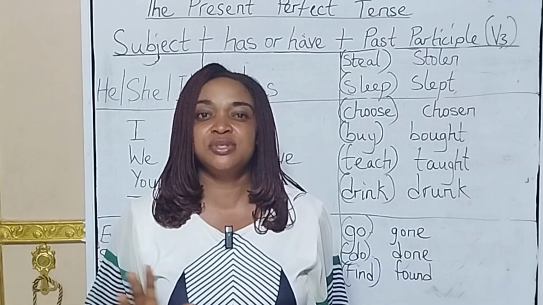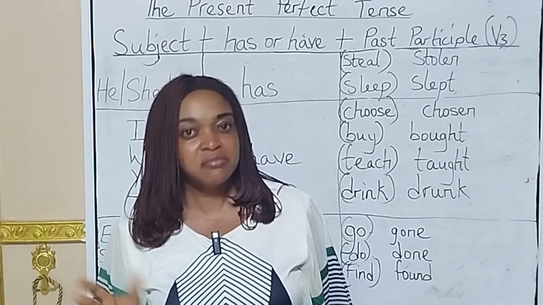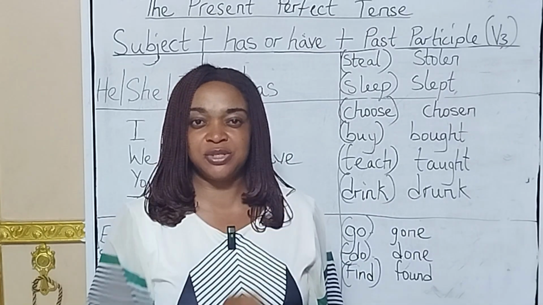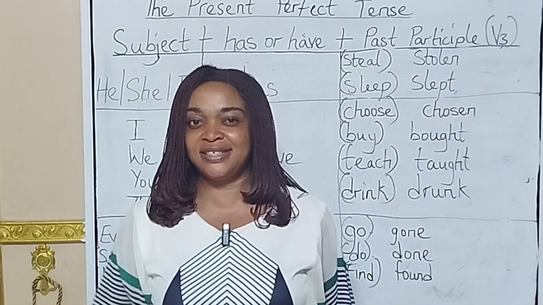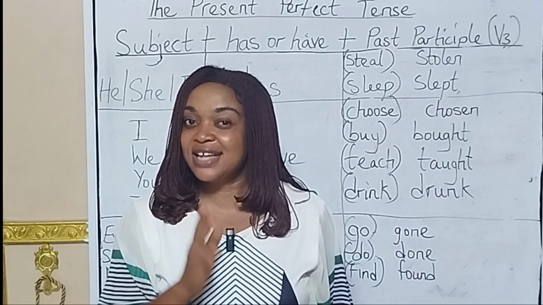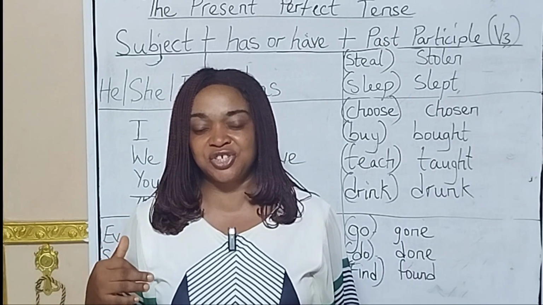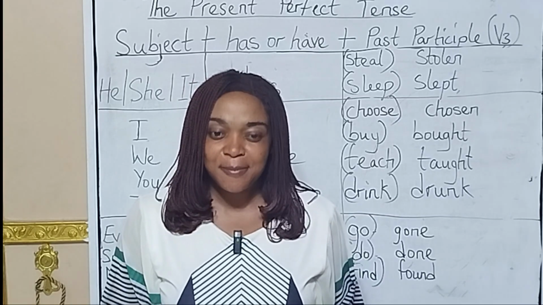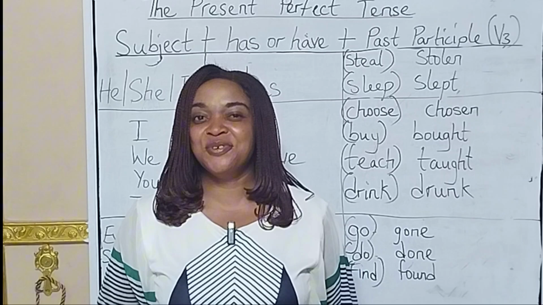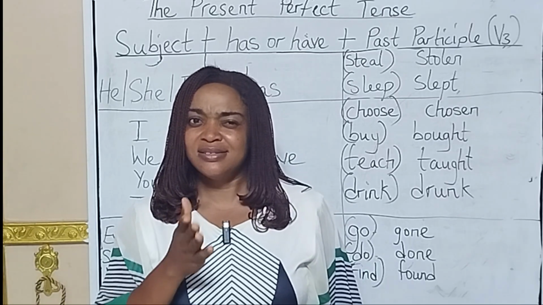So we always use a lot of structures in order to make sure that you know how to express yourself in a particular tense. So just bear in mind that the present perfect tense is that tense that expresses past action that has present consequences.